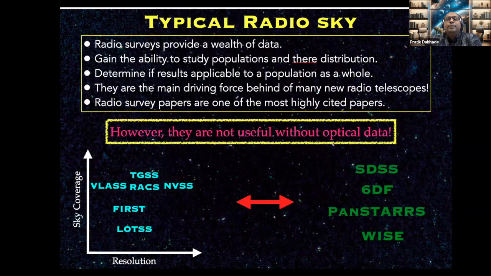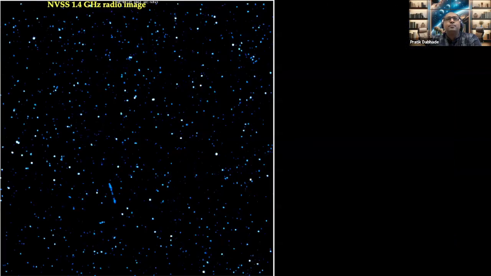The radio data can be quite rewarding, and we can use multiple surveys as complementary to each other, because some of them cover a lot of sky, while some cover a small part of the sky but have very high resolution. There are trade-offs in using them, but if they are present in the same part of the sky, we can take the best of all worlds to do our science.